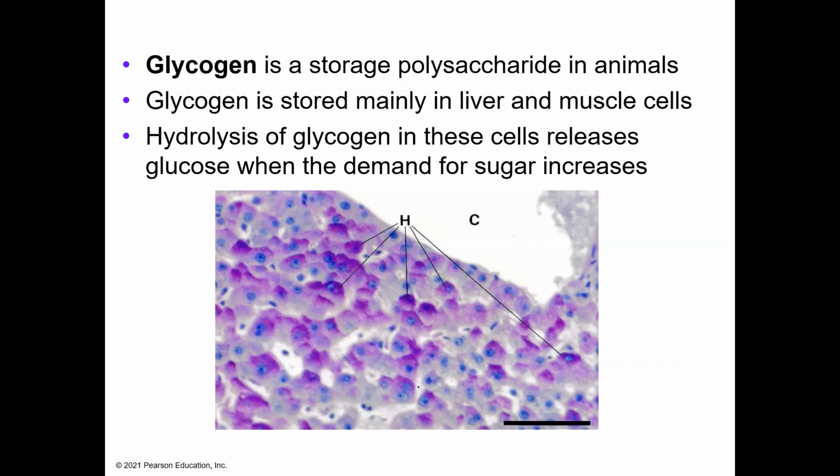And in this image here, the blue dots represent granules of glycogen. So hydrolysis, or the breaking down of glycogen in these cells, releases glucose whenever there is a need for energy, whenever there's a need for sugar to be released into the blood.